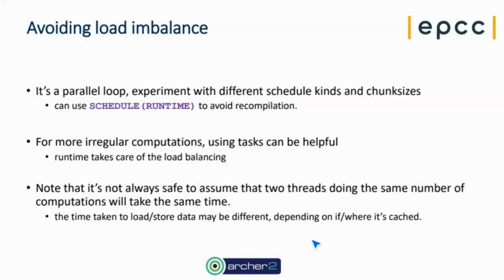code. If we have very irregular computations, then using OpenMP tasks can be helpful, particularly if we have nested parallelism and unbalanced nested parallelism. Then using nested tasks can be a good solution to that, rather than using nested parallel regions or nested parallel loops.